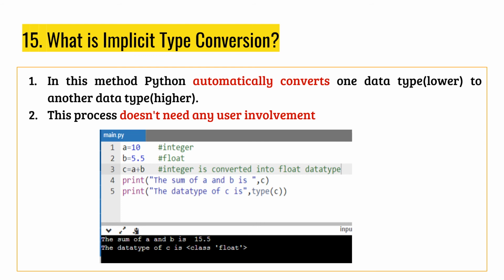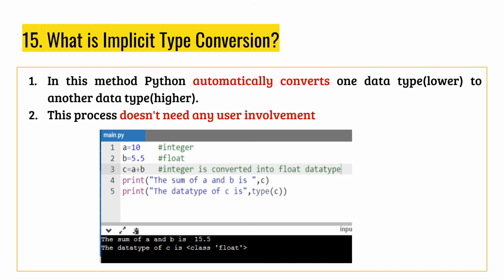It doesn't want to lose any information. Python doesn't support any loss of data. If I consider C as an integer, I can only display 15, so the 0.5 will be lost.